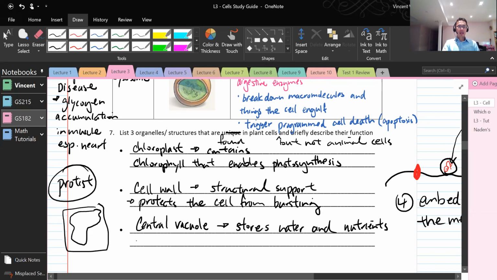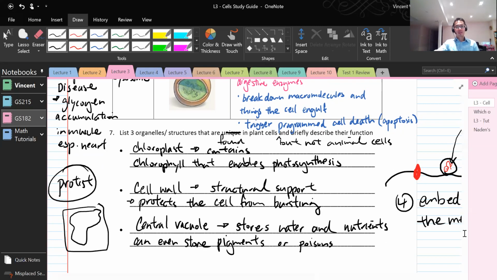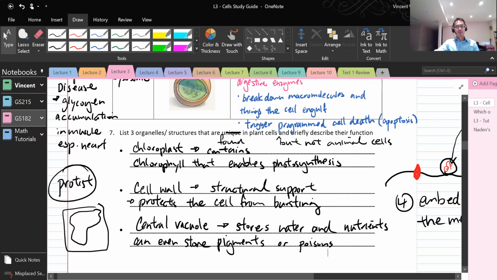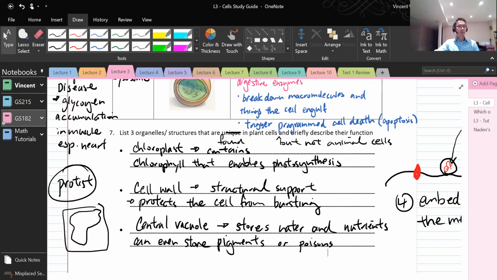Okay, and in some cases can even store pigments. Pigments are like colors, right? That gives the petals their beautiful colors, or poison, if the plant is poisonous. Okay, so there you have it. Those are the 3 organelle structures that are in plants but not animal cells.